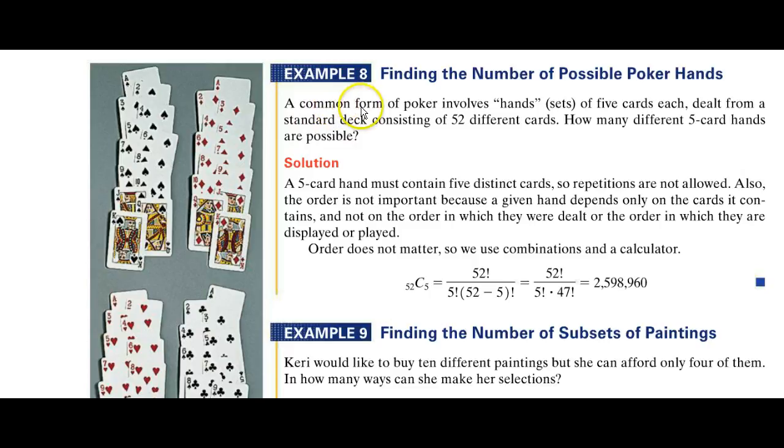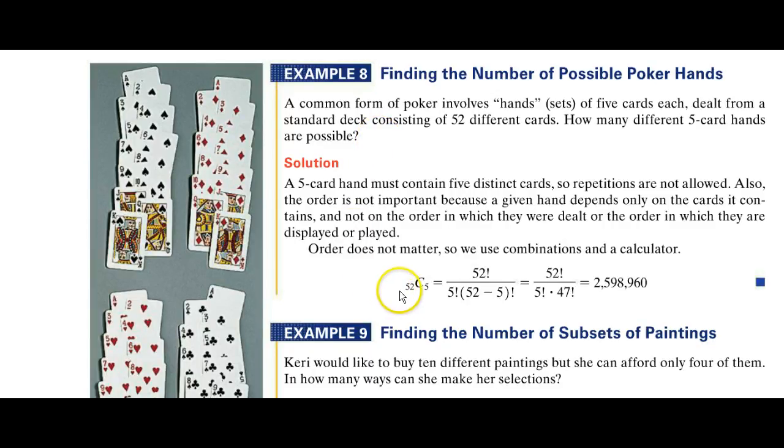A common form of poker involves hands, or sets, of 5 cards each that will be dealt from a standard deck, 52 different cards. How many different 5-card hands are possible? Well, again, order is not important. You're just looking for different hands.